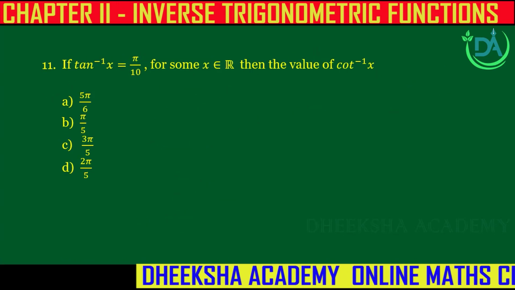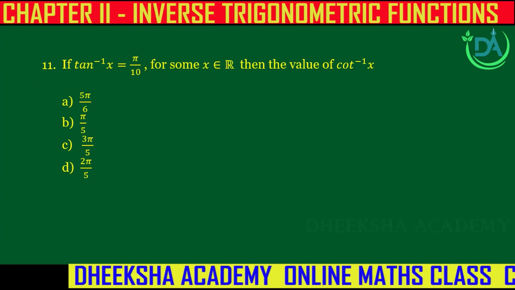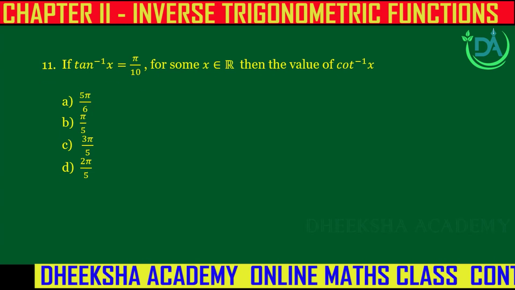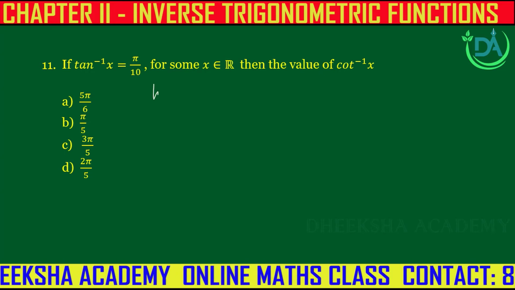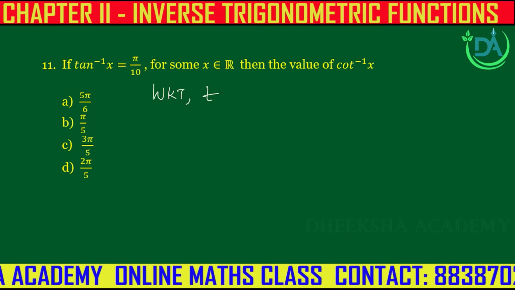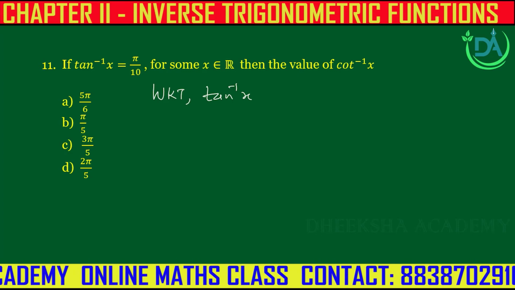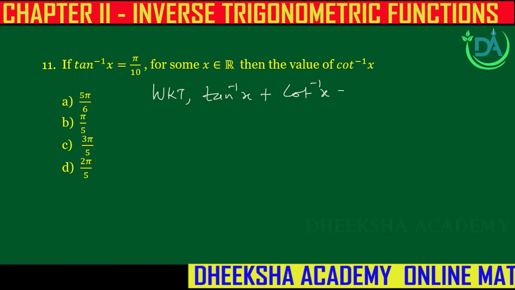If tan inverse of x is equal to pi by 10 for some x belonging to the reals, then find the value of cot inverse x. Here we have to use a property of inverse trigonometric functions. We know that tan inverse x plus cot inverse x is equal to pi by 2.